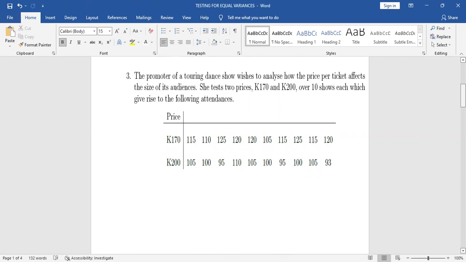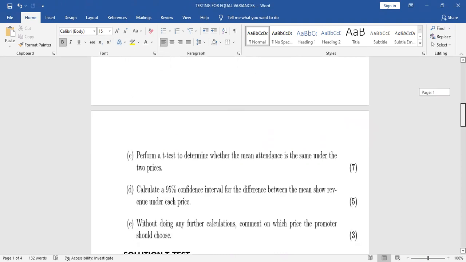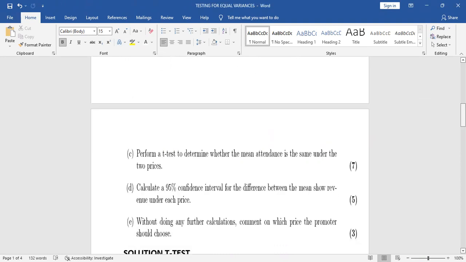We are not testing for equal variances. We are testing with the t-test to determine whether the mean attendance is the same under the two prices. I've attached a condition to assume that the two variances are equal under the two prices. All right.